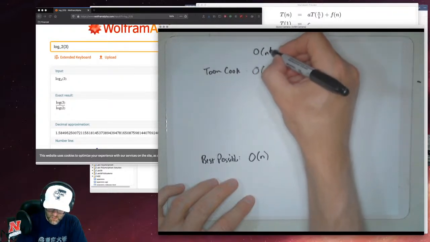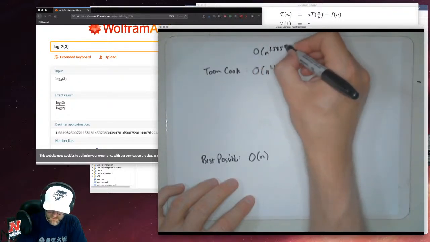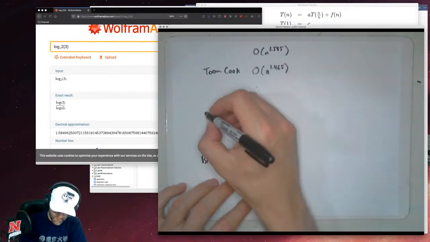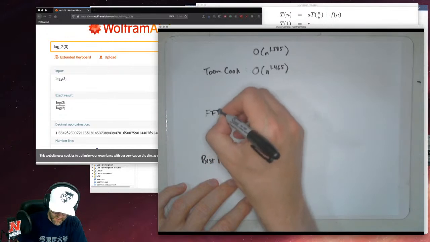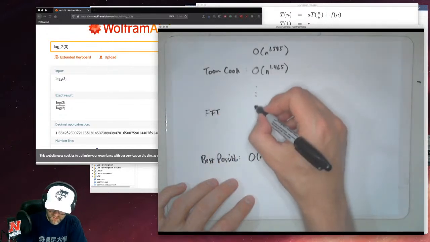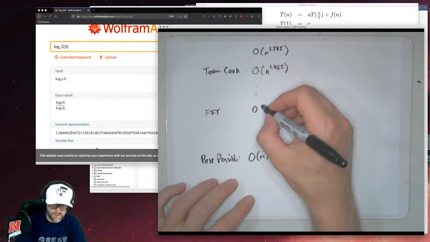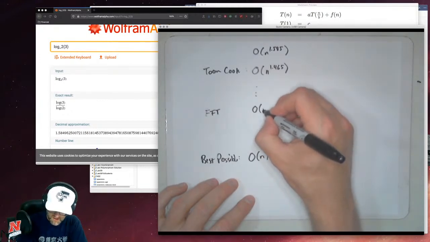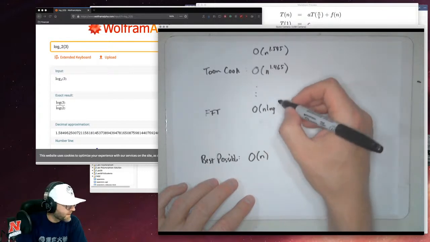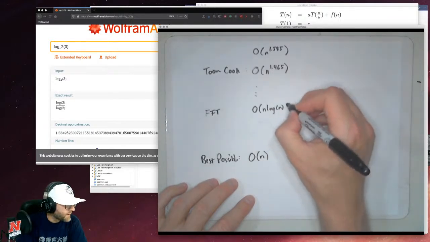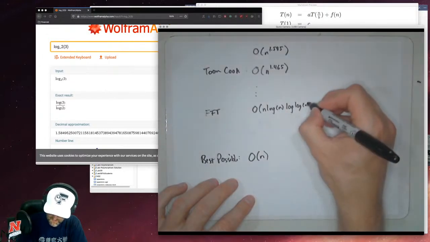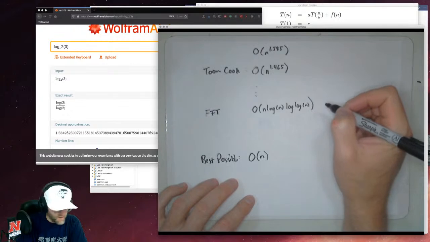So Karatsuba was n to the 1.585, right? Dot, dot, dot. There's the fast Fourier transform, FFT. You might have heard of that before. It's used in signal processing all over the place because it's super fast, and discrete fast Fourier transform. It got it down to n log n log log n. And then there's another term here, n log n. There we go.